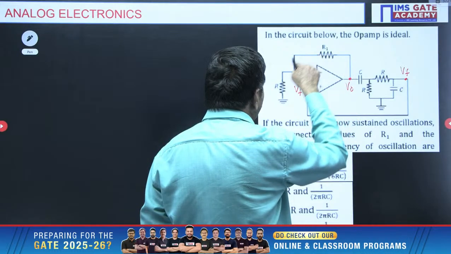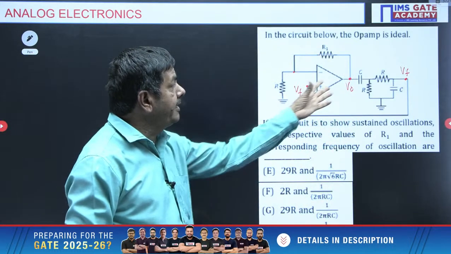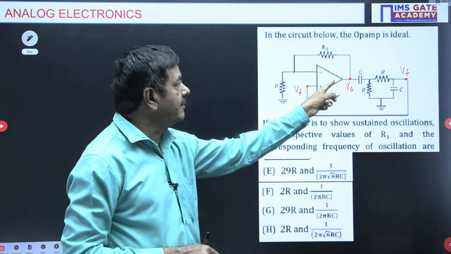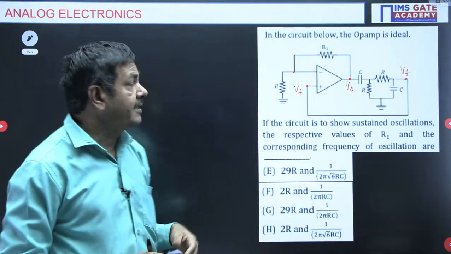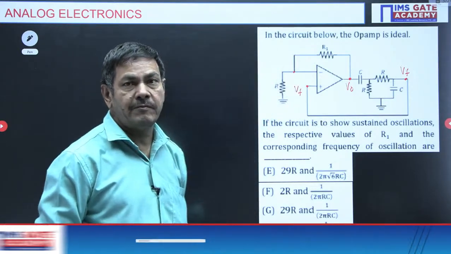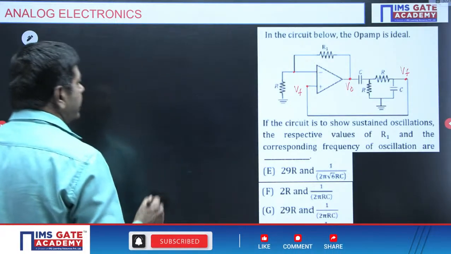It is a non-inverting operational amplifier. From the non-inverting operational amplifier, you will get the gain of this operational amplifier as 1 plus R1 by R. That is the gain available from this operational amplifier because it is non-inverting.